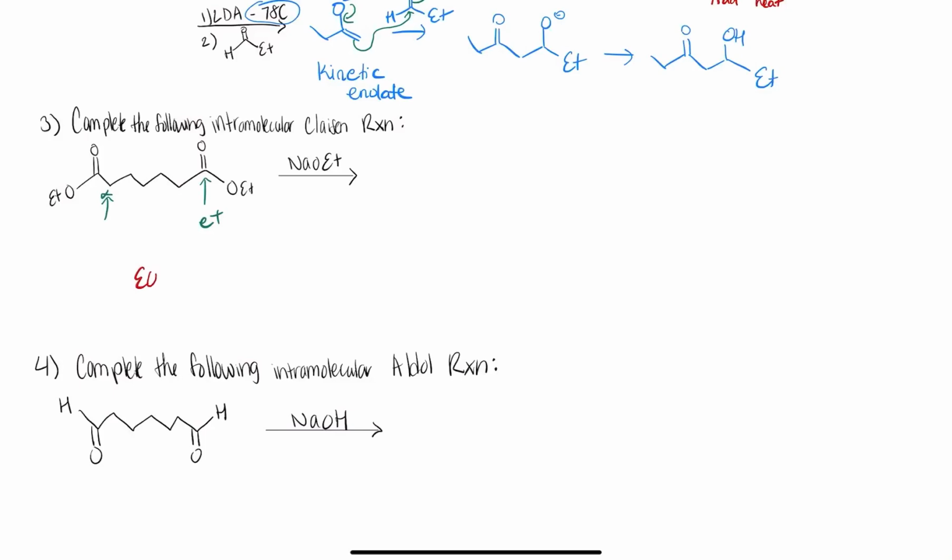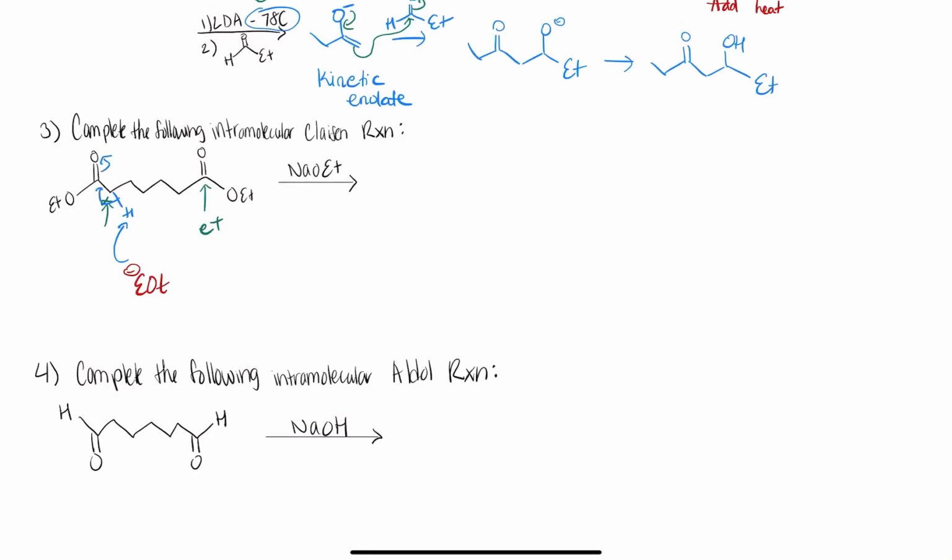So the base will deprotonate the hydrogens. And now the enolate will attack the electrophile, and it'll form a cyclohexane.